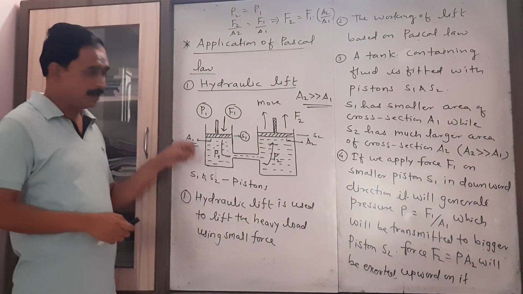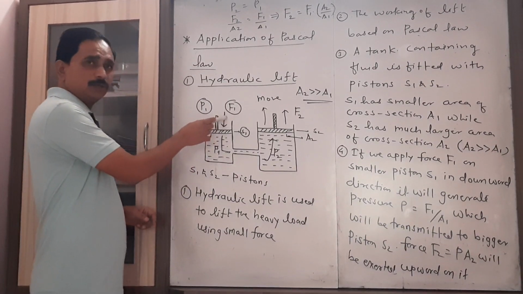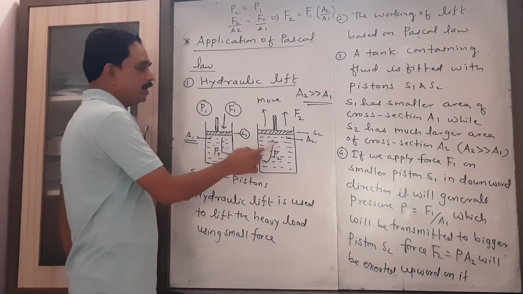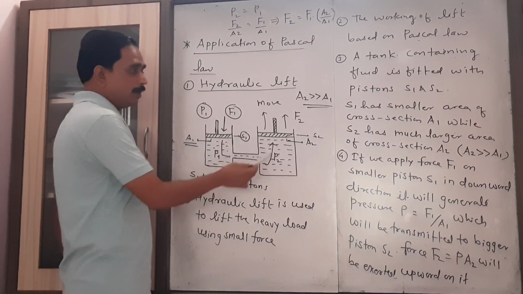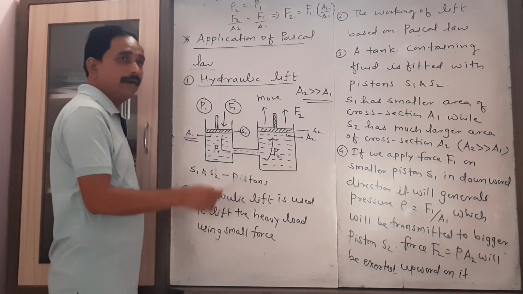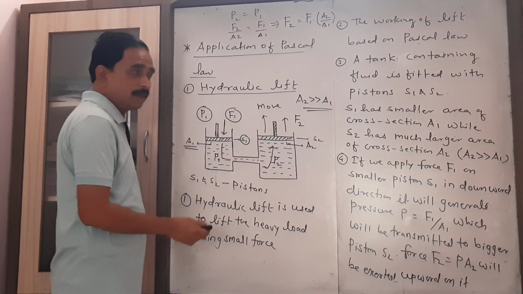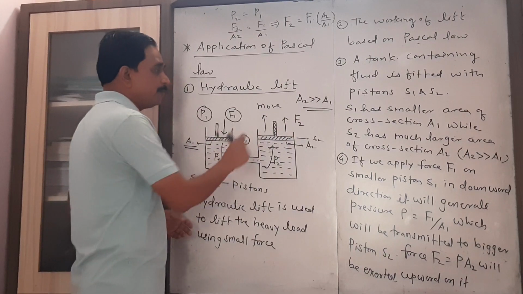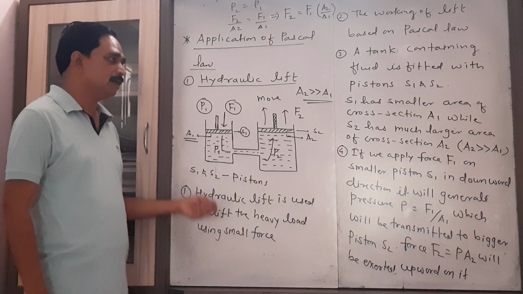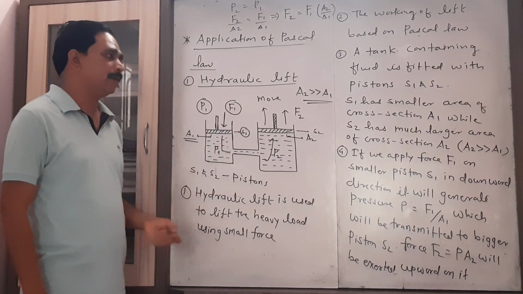Here we are applying a very small force, and the pressure created by that small force is equally transmitted toward the second piston having the greater area, and causes more force there. That's why a heavy load is able to be lifted with the help of this machine. This is the simple working of a hydraulic lift.